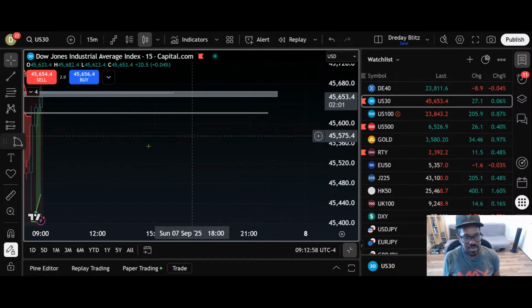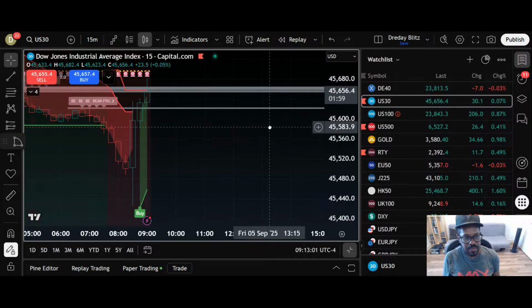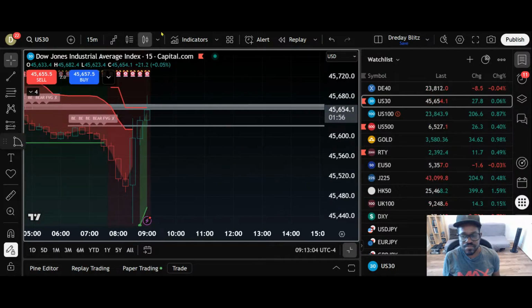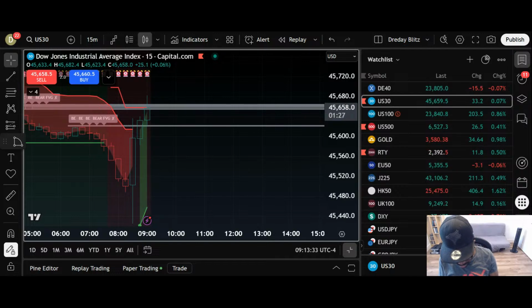So that's why right now you have a buy. And so that's pretty much it on that. Still have 17 minutes left before market open. The New York market opens.